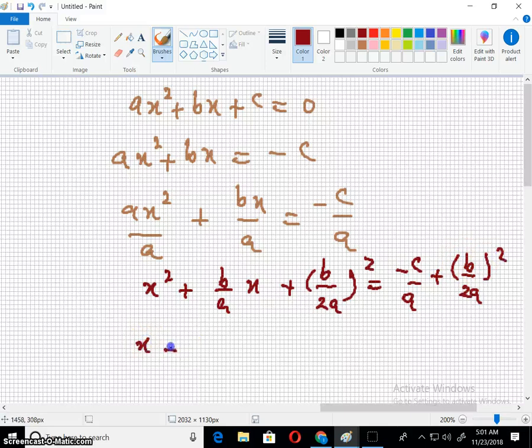So it becomes x plus b over 2a whole square.